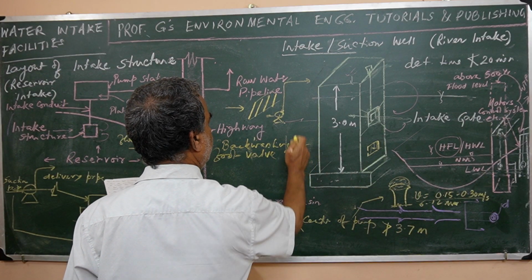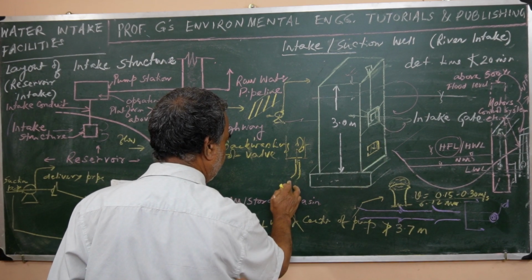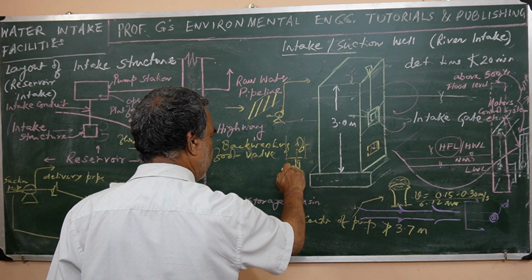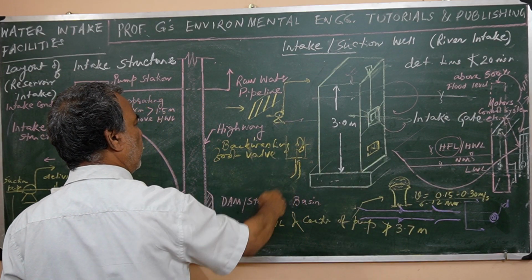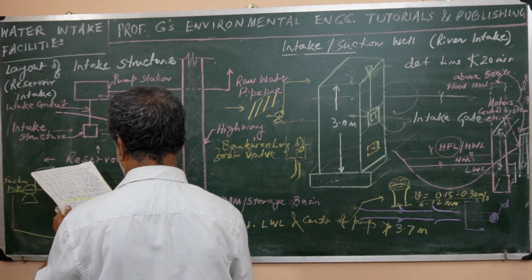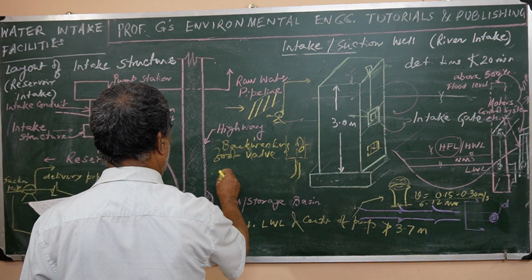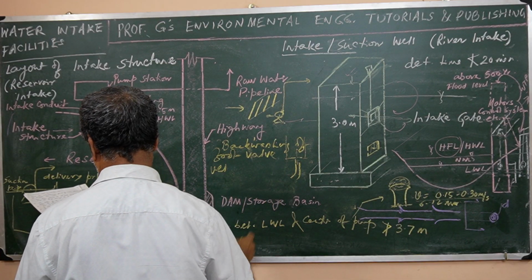But when it is not operating, meaning the water is not there in the pipe, the valve will close to prevent the water from falling down and emptying, which would require the priming operation again.